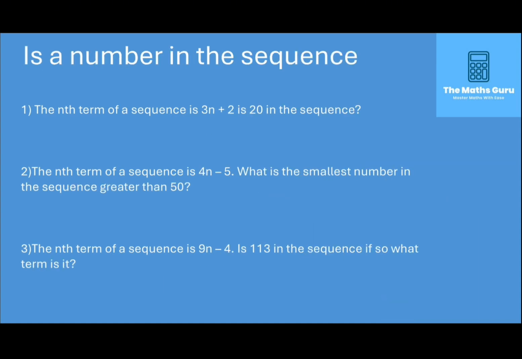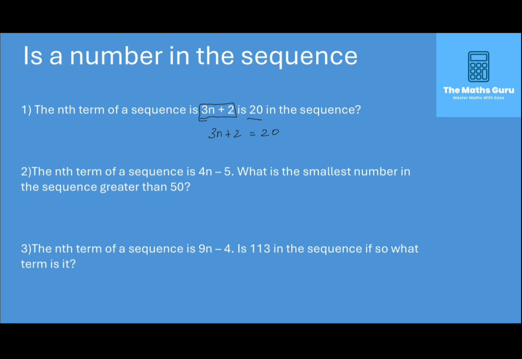So the way we check whether a number like 20 is in our sequence is by equating. Equating means form an equation. So 3n plus 2 is equal to 20. And when we solve this equation, if we get a whole number for our n, we then know that that number is part of the sequence.